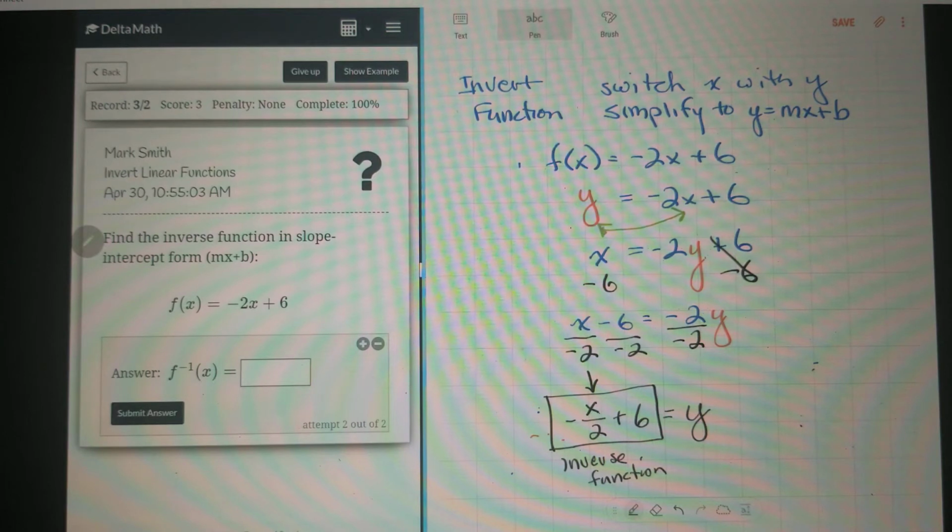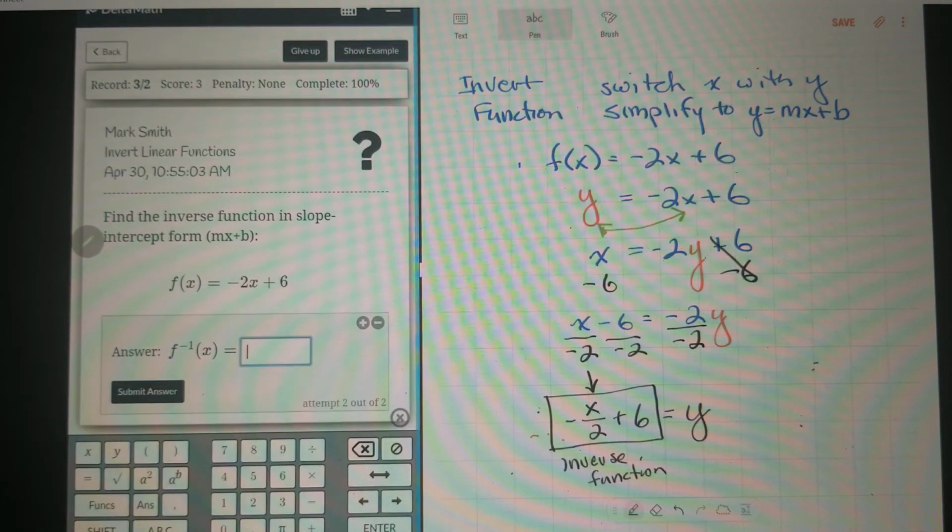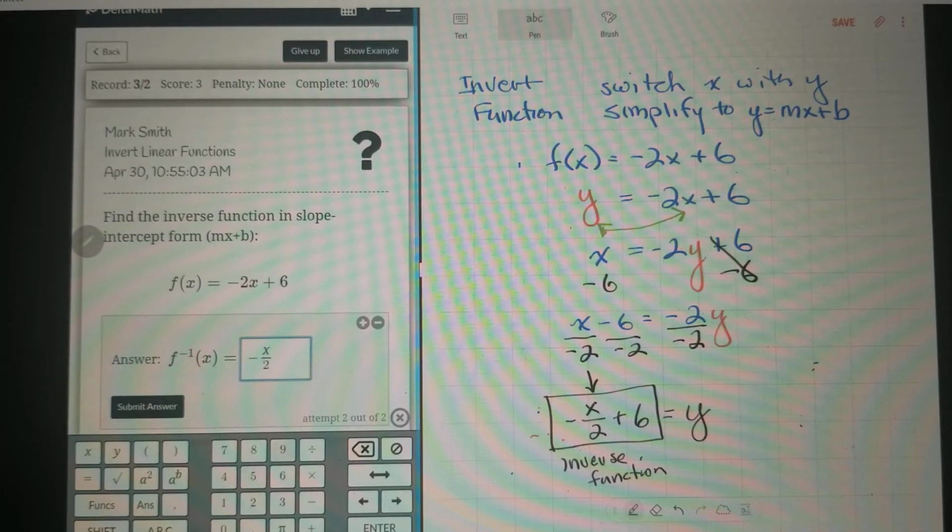We're going to come over here and put it in our inverse function answer box. We're going to say negative x divided by 2, and plus, oh, I wrote plus 6. That was bad. Plus 3. Sorry about that. And enter.